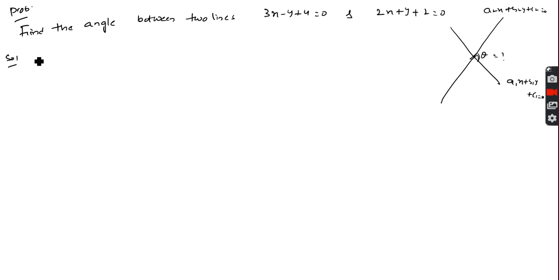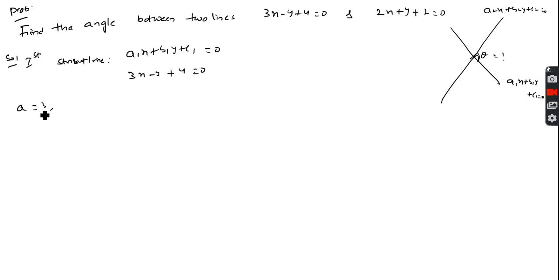So this is the first straight line, a1x plus b1y plus c1 equal to 0. That is nothing but 3x minus y plus 4 equal to 0.